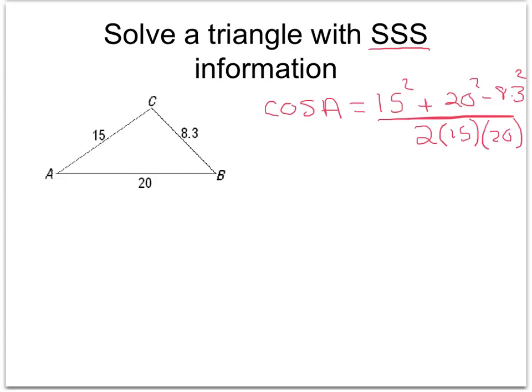Should get cosine of A equal to 0.9269. Take the cosine inverse of both sides.